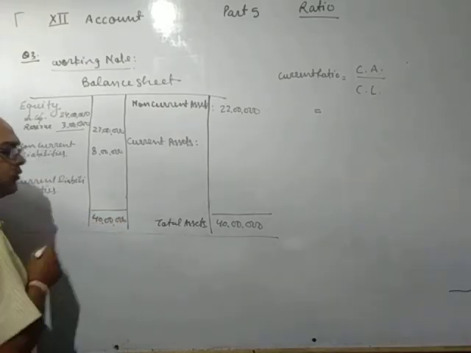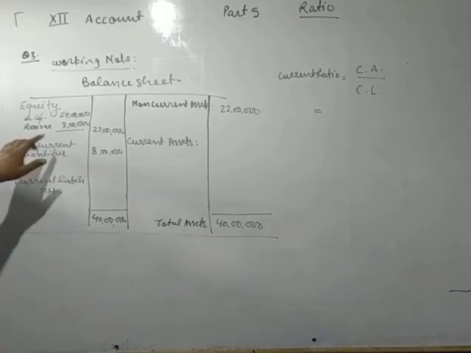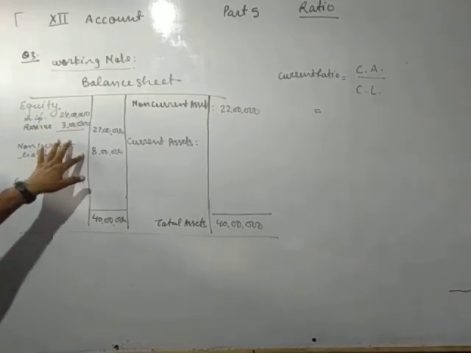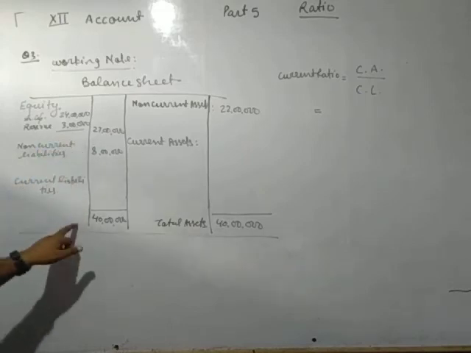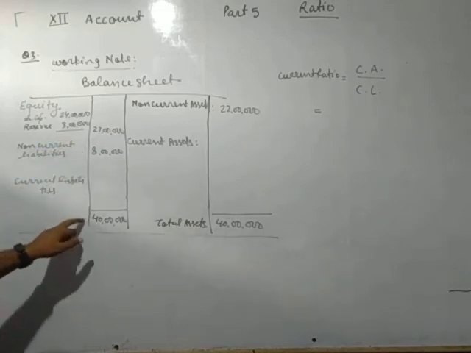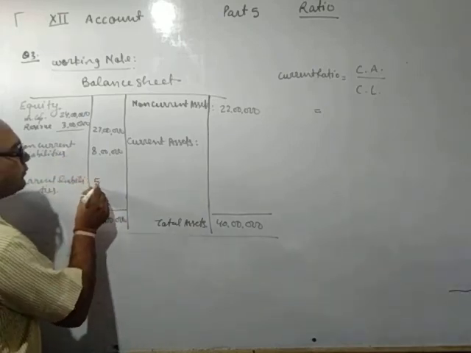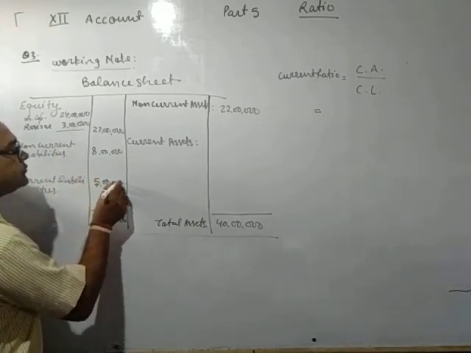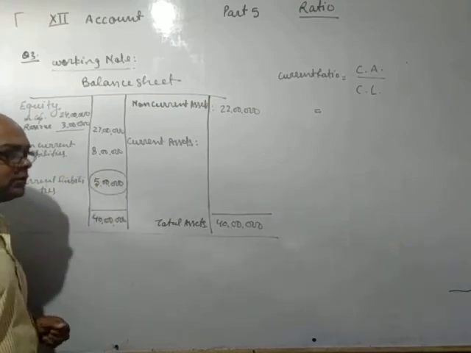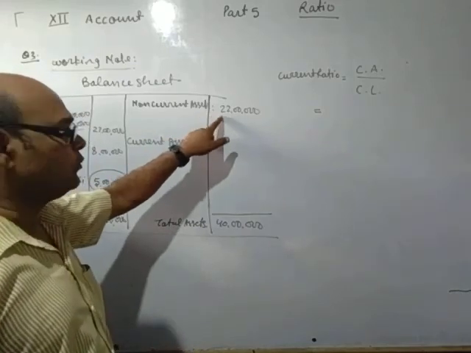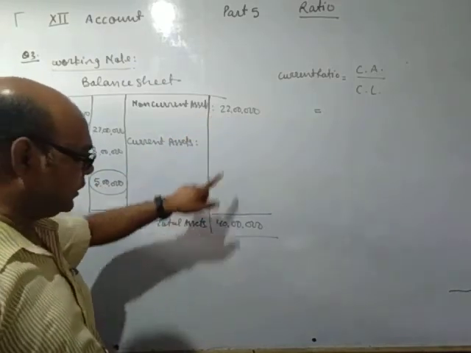Now secondly, the sum of these three topics will be 40 and these two topics are given. Now 27 plus 8, that is 35, and here is 40. So from 40 you minus 35, current liabilities will come 5 lakhs. And here non-current assets 22 plus current assets you do not know, but total is 40.